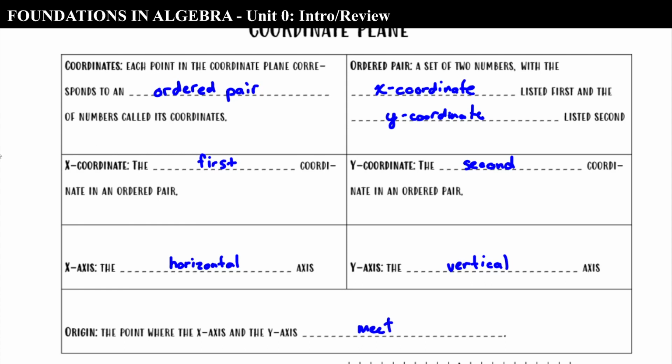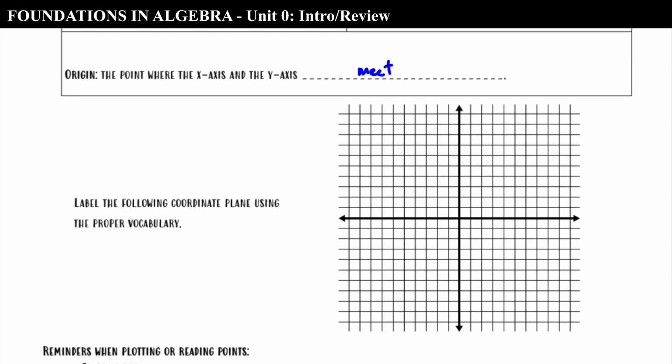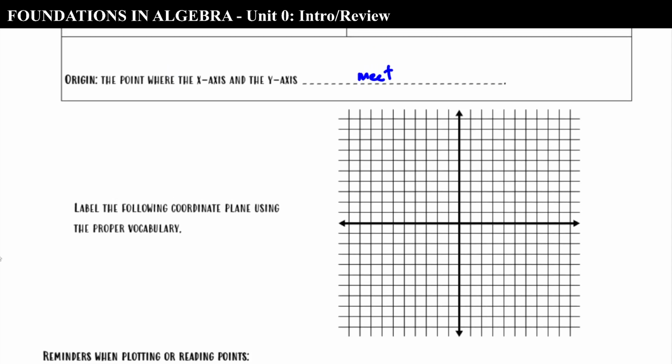So let's label a few parts of a coordinate plane. Where they cross, as we just said, is your origin. You have the x-axis here as your horizontal axis, and the y-axis here as your vertical axis.